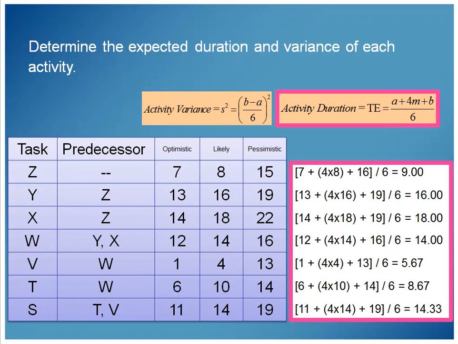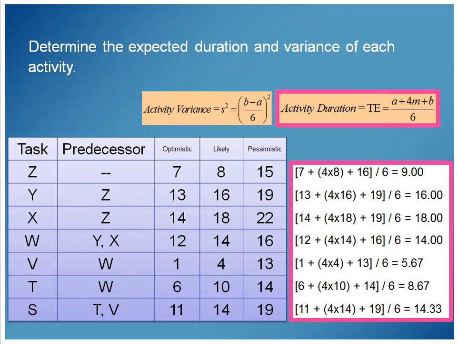If you just do the math on those, this first example with an optimistic of 7, a likely of 8, and a pessimistic of 15: 7 plus 4 times 8 plus 15, divided by 6, equals 9. You can double check that math, but I'm pretty sure that's right. I think I was supposed to have 15 there instead of 16.